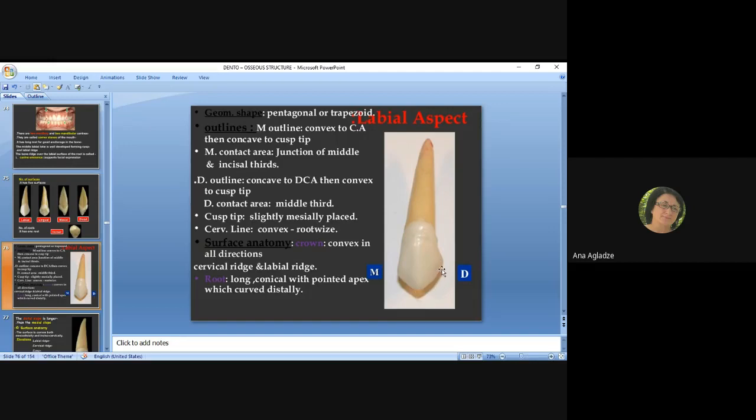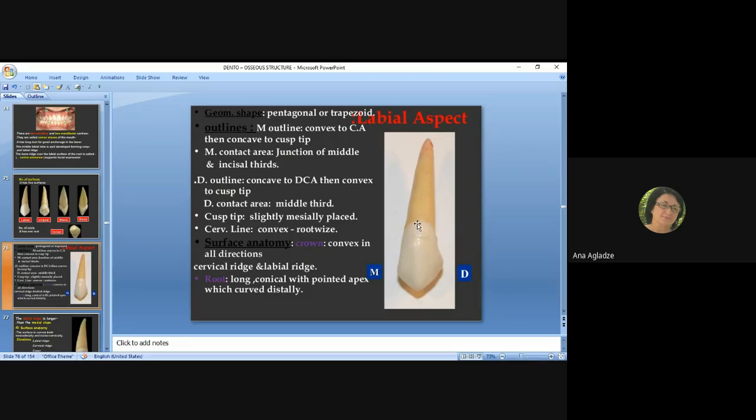Distal is longer, and they are concave to the touch. They have eminence in the middle of the tooth, which is cusp tip, and the crown has convexity in all directions, and cervical ridge.